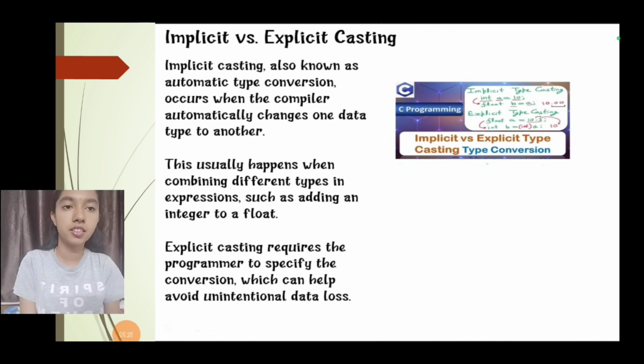Implicit versus explicit casting. Implicit casting, also known as automatic type conversion, occurs when the compiler automatically changes one data type to another. This usually happens when combining different types in expressions, such as adding an integer to a float. Explicit casting requires the programmer to specify the conversion, which can help avoid unintentional data loss.